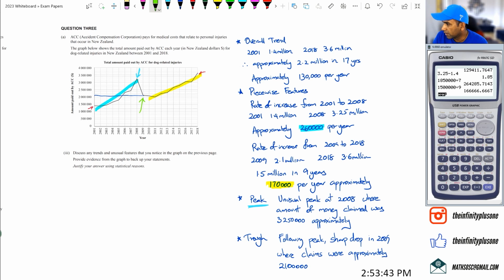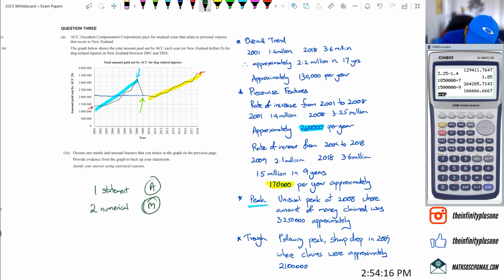So grades wise for this question, what have we got? One statement or one feature is going to get you an achieved. Two features with numerical evidence gets you a merit.